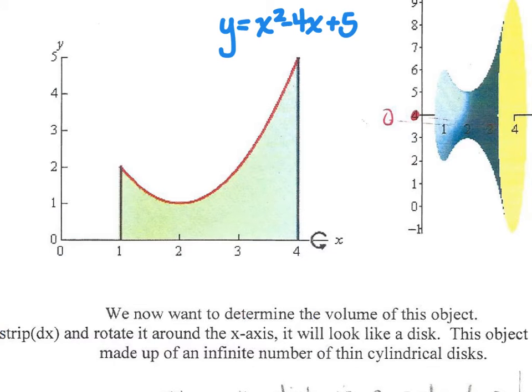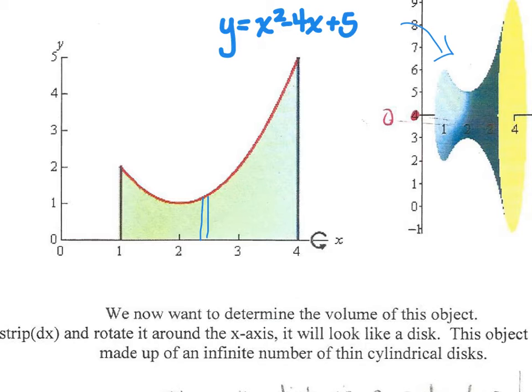So back to our problem of how do we find the volume of this three-dimensional shape that's created when we rotate this around the x-axis. Well, instead of looking at the entire shape being rotated around the x-axis, let's think about just one thin strip.